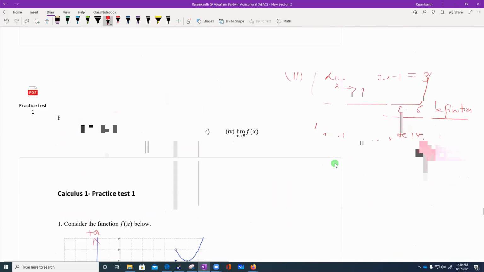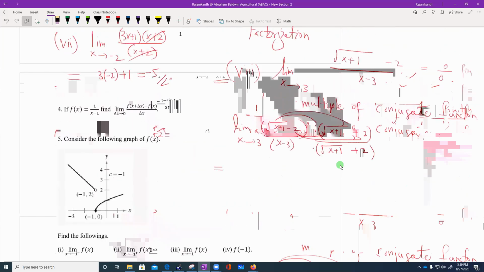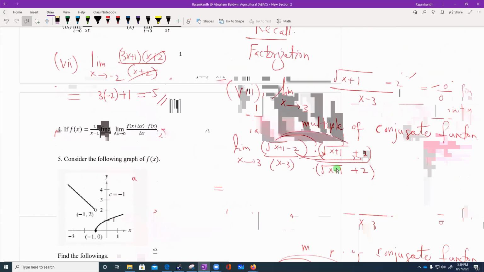Oh, I erased it. Remember, I just wrote down this formula, right? A squared minus b squared is a minus b times a plus b, right? That means if you multiply the expression with its conjugate, then you will get the first expression squared minus the second expression squared. The same thing is happening here, right?